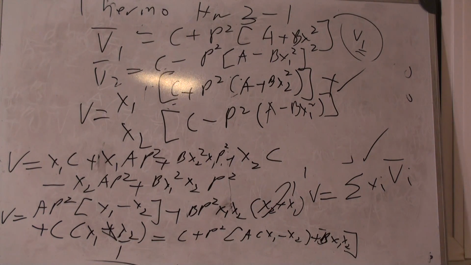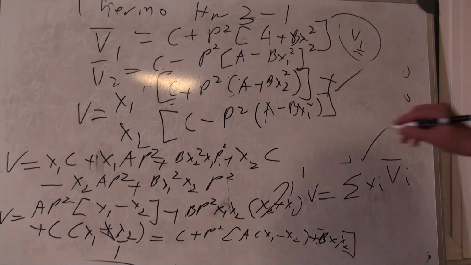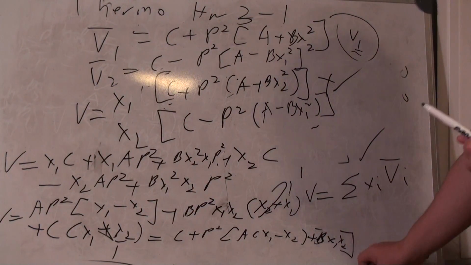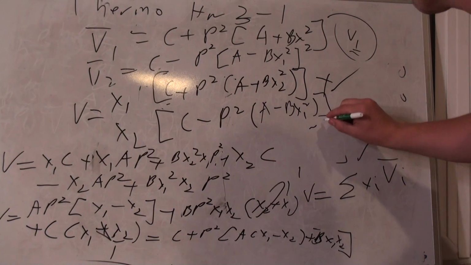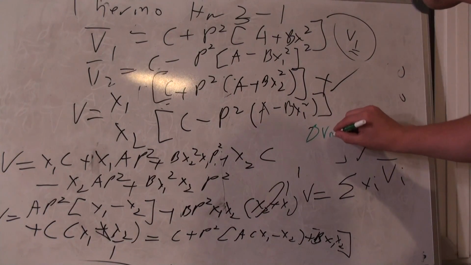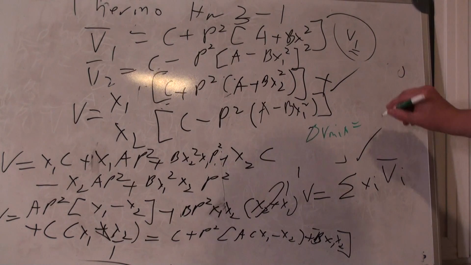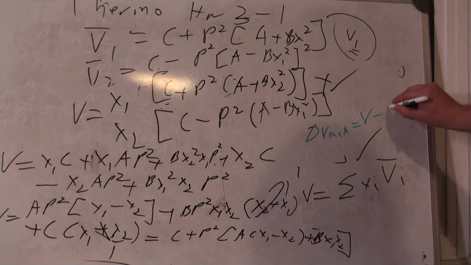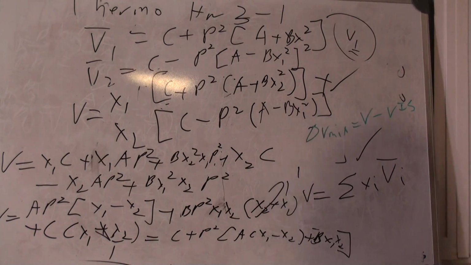Okay. The last thing it asks for is delta V mix. Okay. And so if I look at delta V mix, well, I gotta know its formula. So we'll use green. I have a different color. So delta V mix is equal to V minus V ideal solution. And what's V ideal solution equal to?